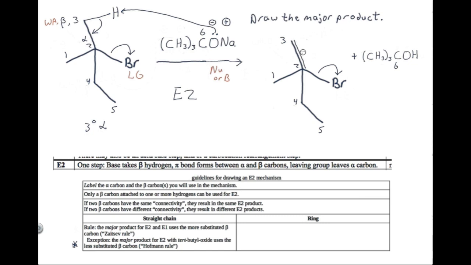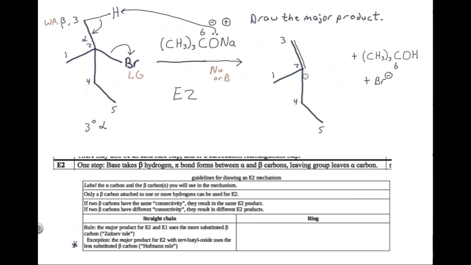Here's the new pi bond between carbon 3 and carbon 2. This arrow tells us to erase the bond between carbon 2 and the bromine. The bromine started neutral and gained electrons, so the bromine ends up with a new negative formal charge.